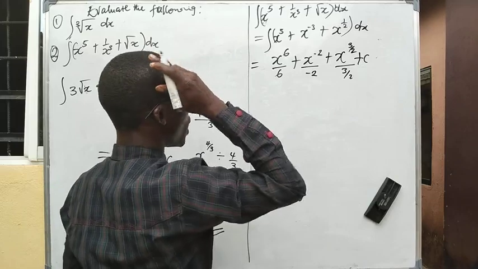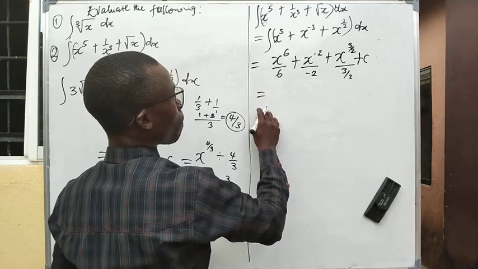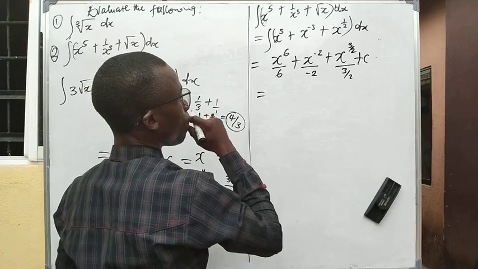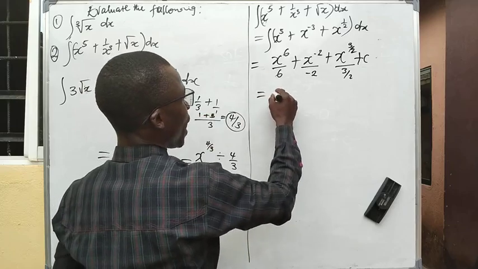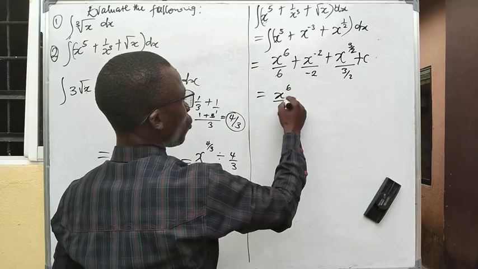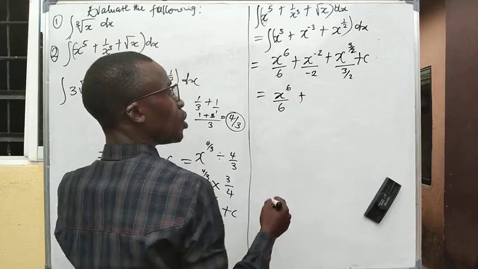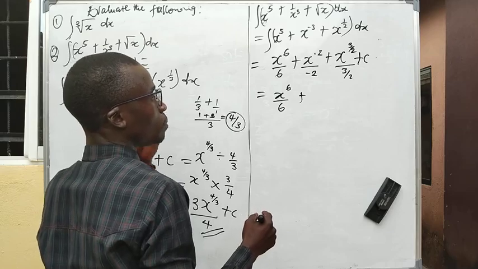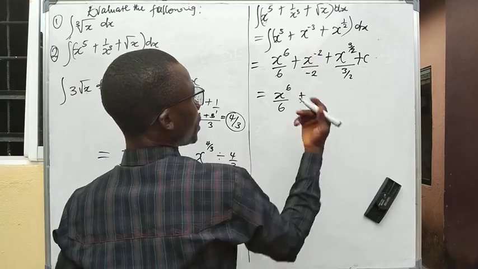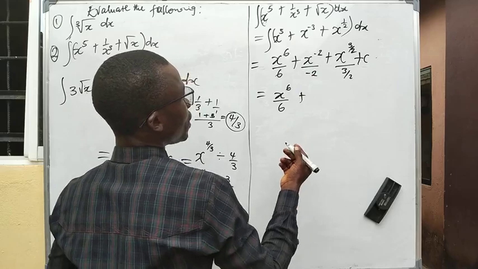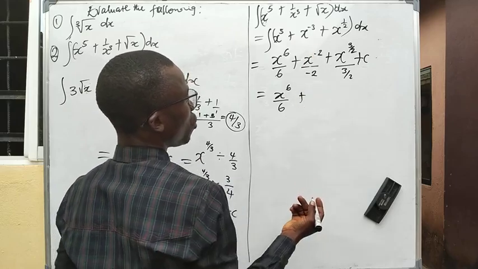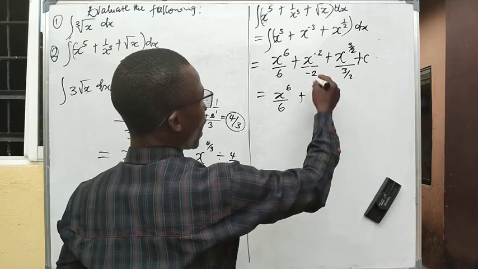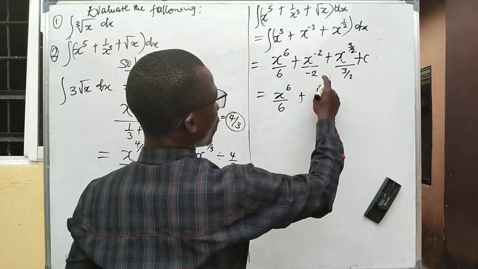Now, what do we do now? Having done this, we have x raised to power 6 over 6 plus, here is an inverse, right? It is an inverse, so I'm going to still have it as 1, okay?